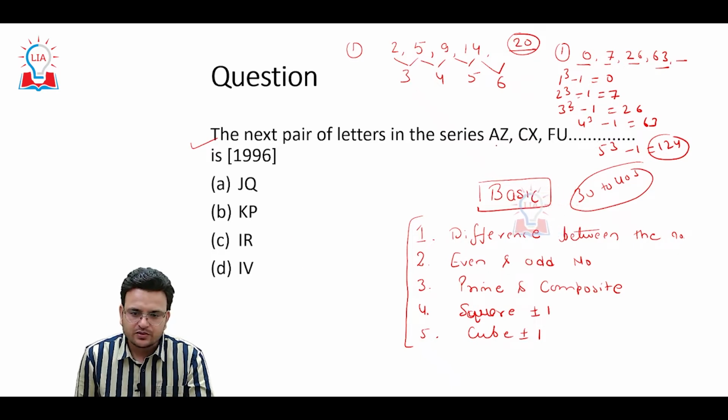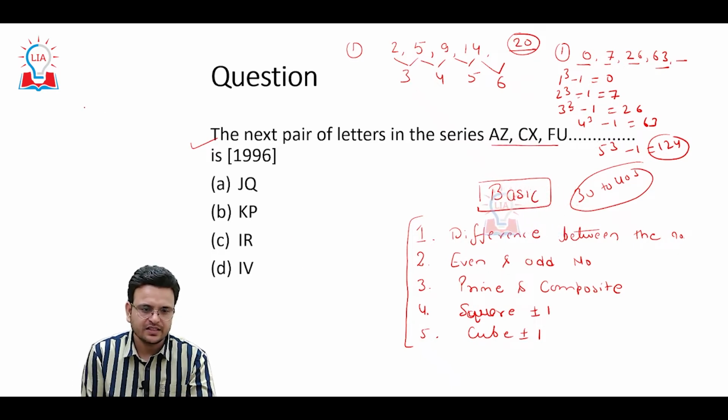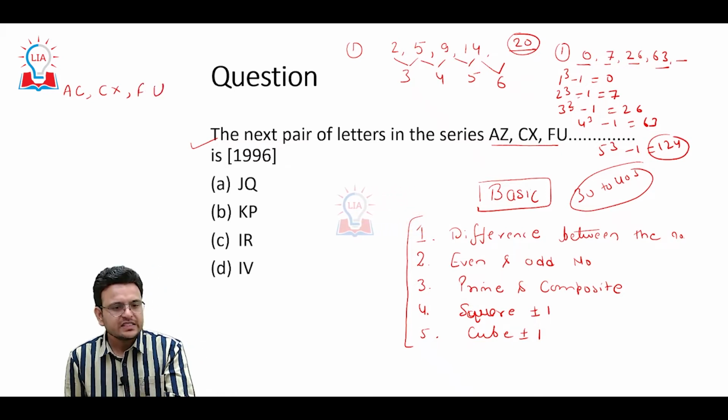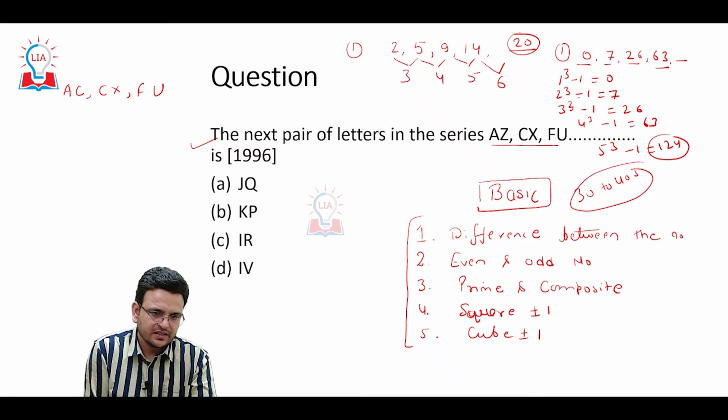Here I am going to look at these questions, like we have one series: A, C, F, J and C, X, U, Q. If you see this question, we can see that there are two series.